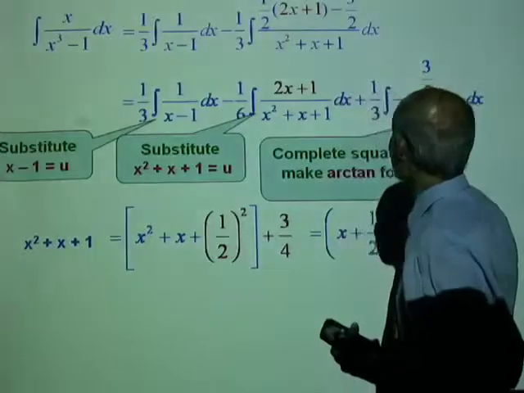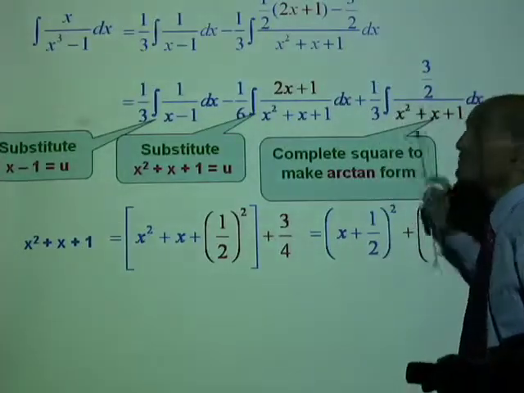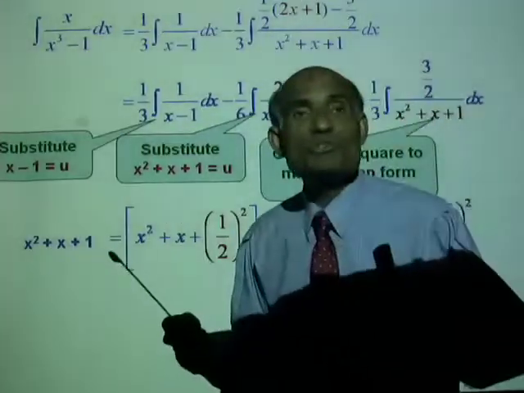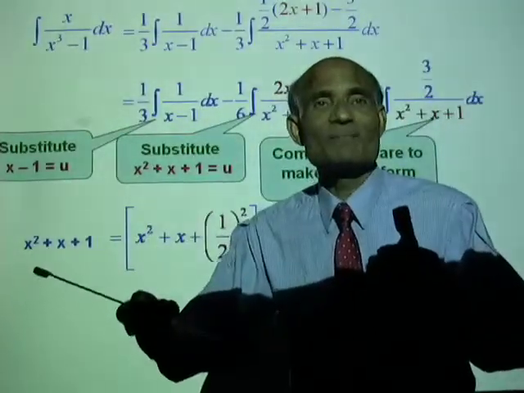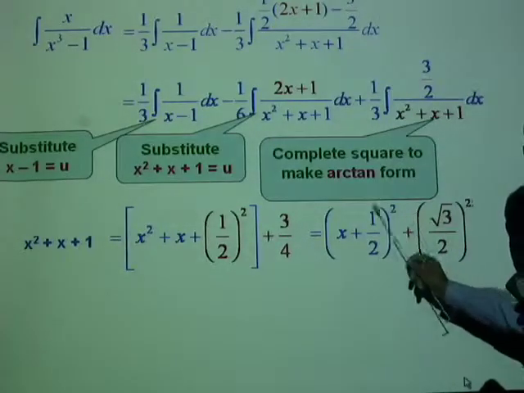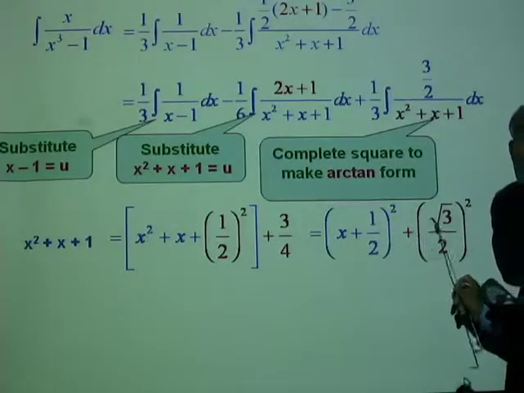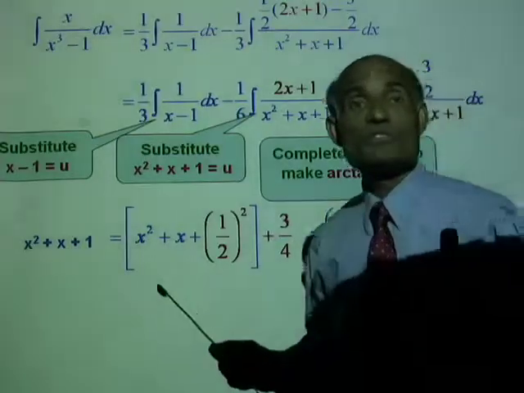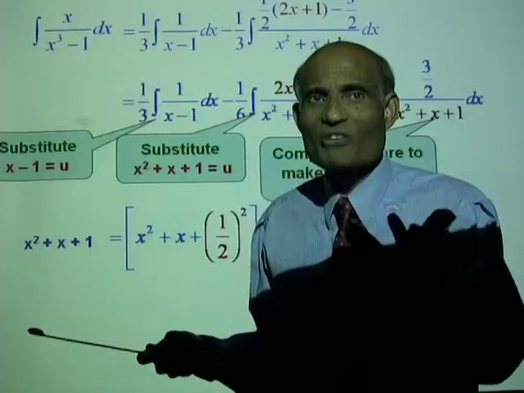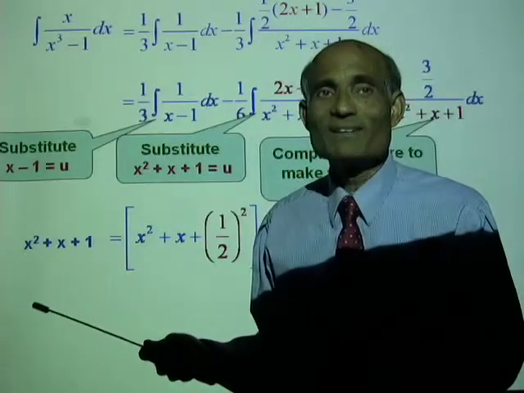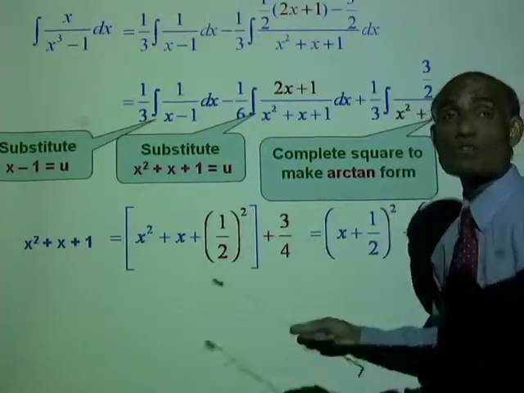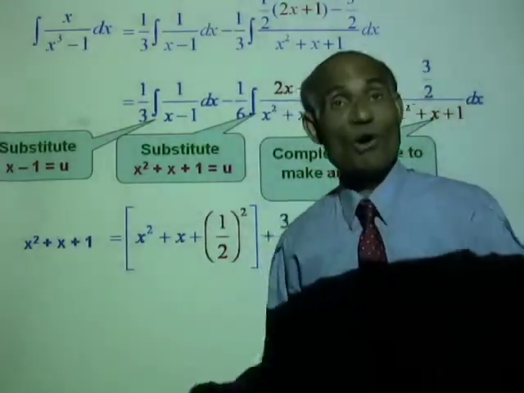Well, in order to integrate this, what we are trying to do is to break this down in the form u squared plus a squared. And this is our u, and this is our a. So it becomes u squared plus a squared form, so that the integral becomes what form? Is it arcsine, arcsecant, or arctan? We are driving towards making this integral of the arctan form.